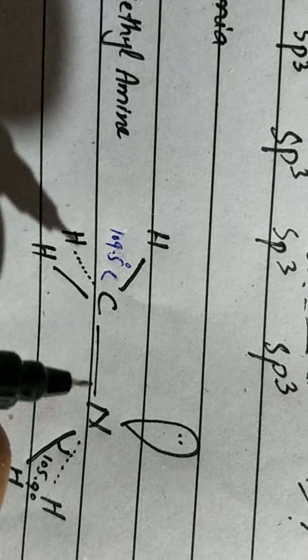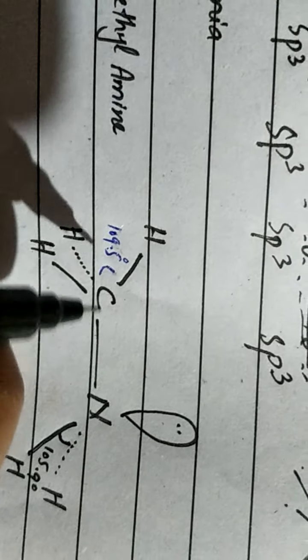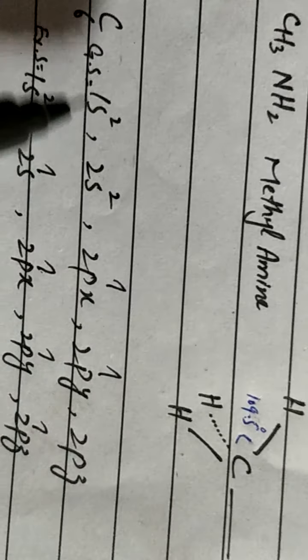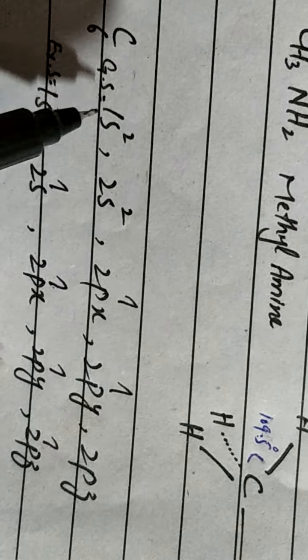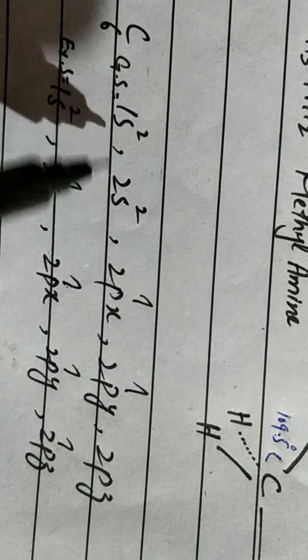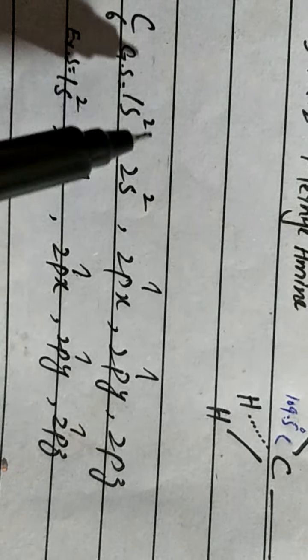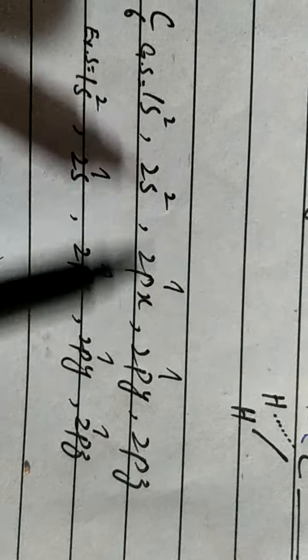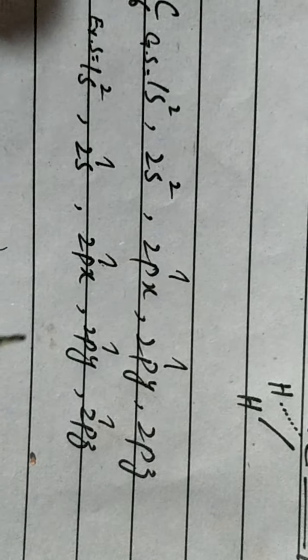In the C-N bond, the sigma bond is formed by linear overlap of hybrid orbitals. Carbon's ground state electronic configuration is 1s2, 2s2, 2px, 2py, 2pz, with 2, 4, 5 and 6. The outermost shell contains 2s, 2px, 2py, 2pz orbitals.